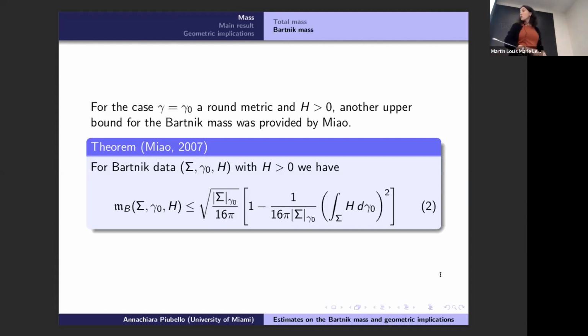A nice feature of this estimate is that if the total mean curvature approaches 0, then this term will vanish, so this will be gone, and we will again get the estimate by Schoen and Mantoulidis, which is desirable, because we do know that when h is equal to 0, the Bartnik mass is exactly that.